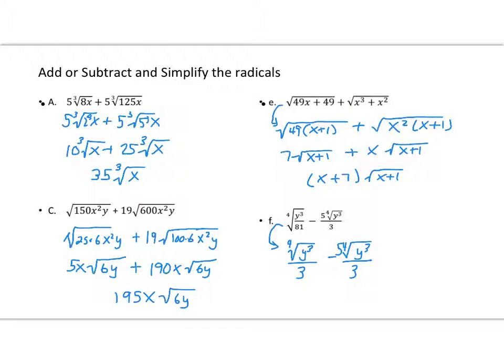And now I have the same radical symbols, and I have the same denominator. So the numerators can add, and I'm left with a negative 4 fourth root of y cubed over 3. So there's my answer.